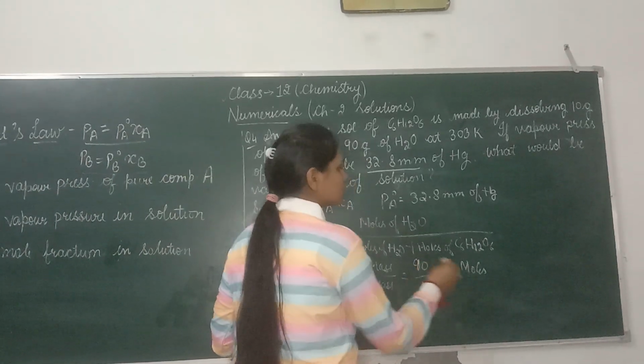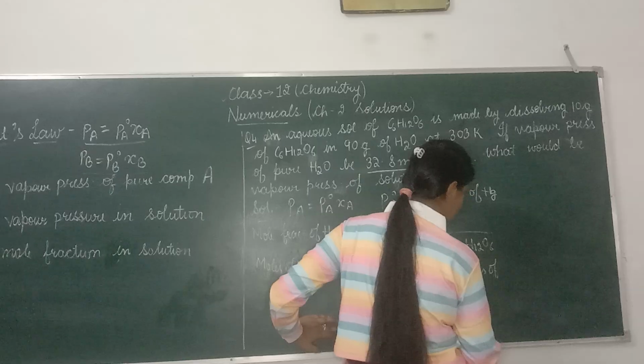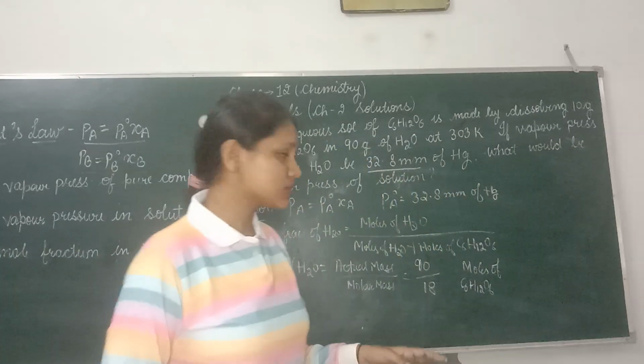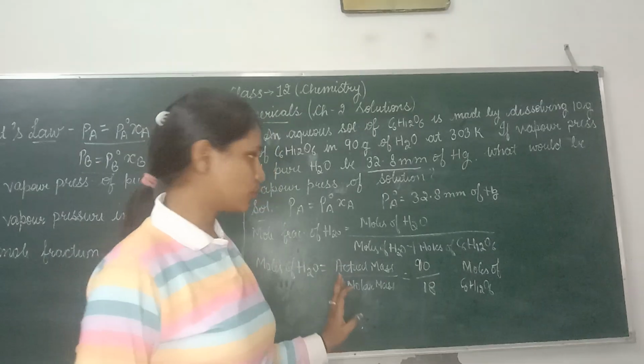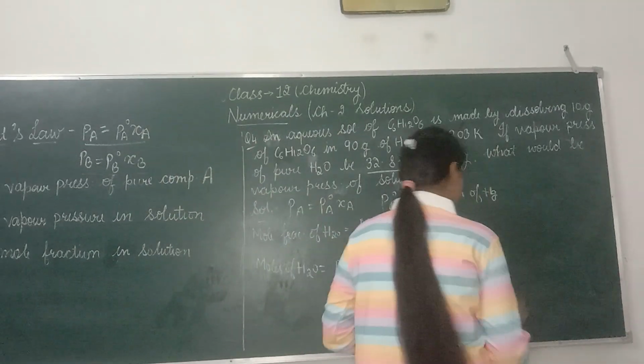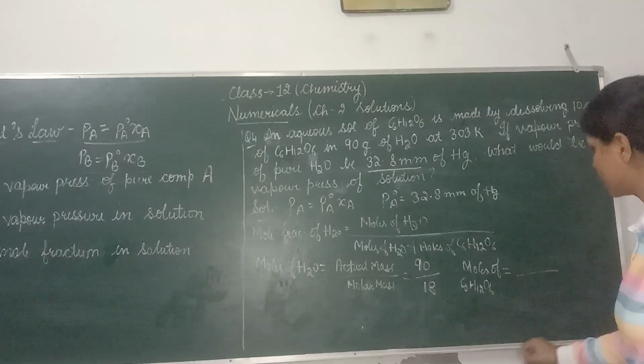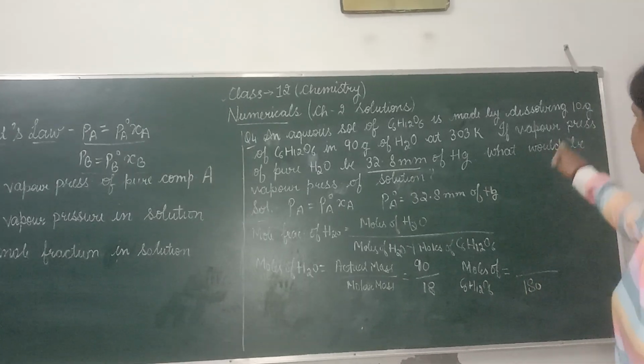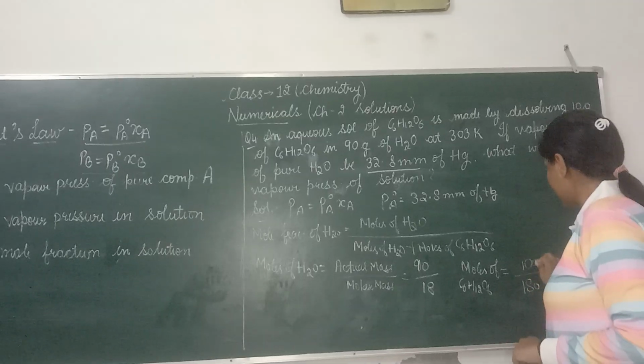Moles of glucose, C6H12O6, is again actual mass upon molar mass. The molar mass is 180, and the actual mass here is given to be 10 grams.